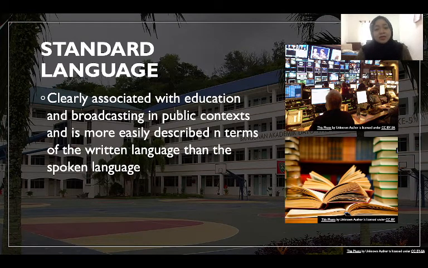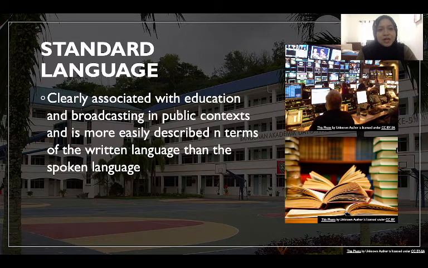Okay, so whenever we talk about understanding variations, we always have to compare with standard language. So what is standard language? Like the one we had in our previous class, we understand that standard language is where everyone is using the language, whether it be in school, in literature, in mass media, all of these public contexts.